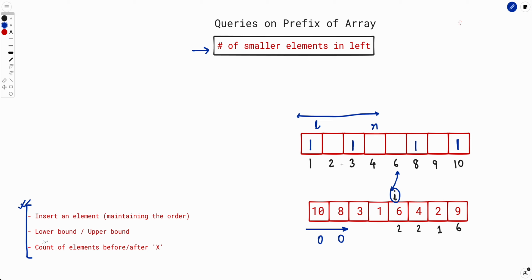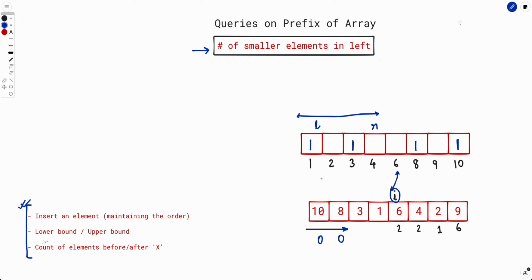So that's where we said that we will simply maintain a binary array where every index would be either 0 or 1. Every element in the left we will just mark as 1. So 10 we marked as 1, 8 we marked as 1, 3 we activated, so we marked 1 for 3 and 1 as well.